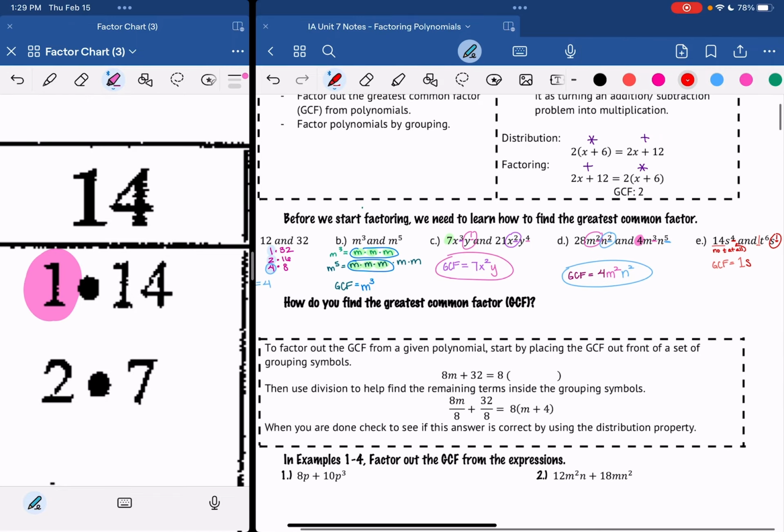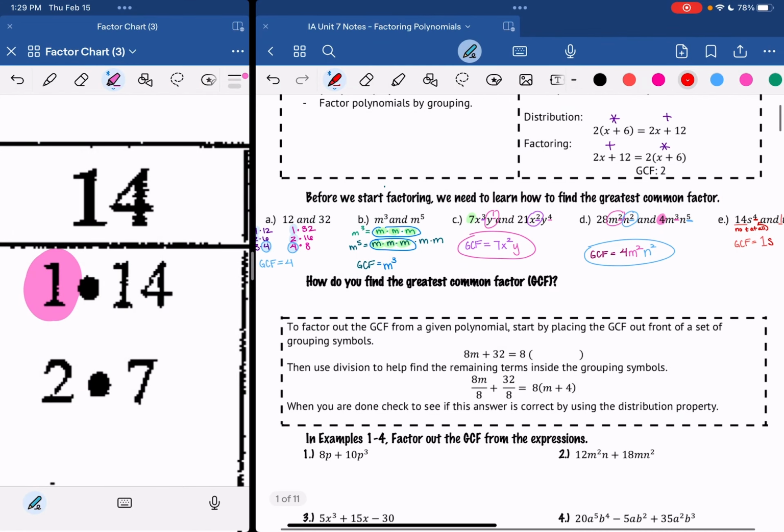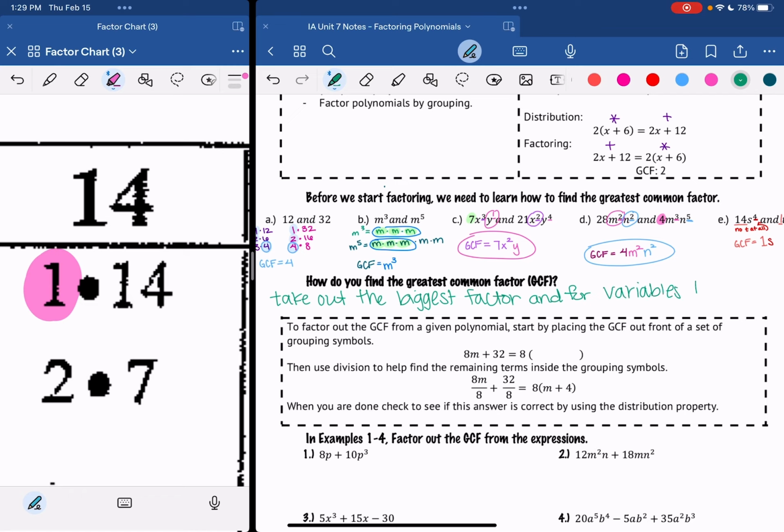So how did we find our greatest common factor? Well, we basically just take out the biggest factor, and for variables, take out the smallest exponent.